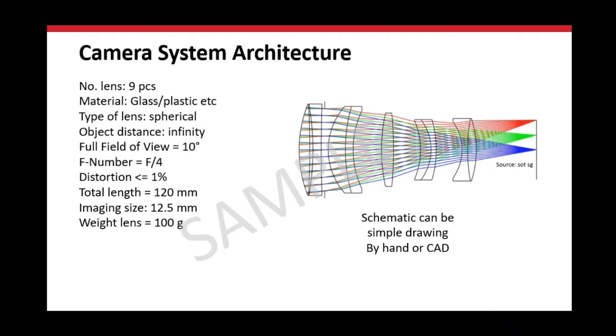There will be technical training. After the training, you need to use the simulation tools to simulate the result and use this simulation result in your second report for the presentation. The layout for the first report you can make by hand drawing, or if you have some CAD tools, you can draw it out. So here is a sample.